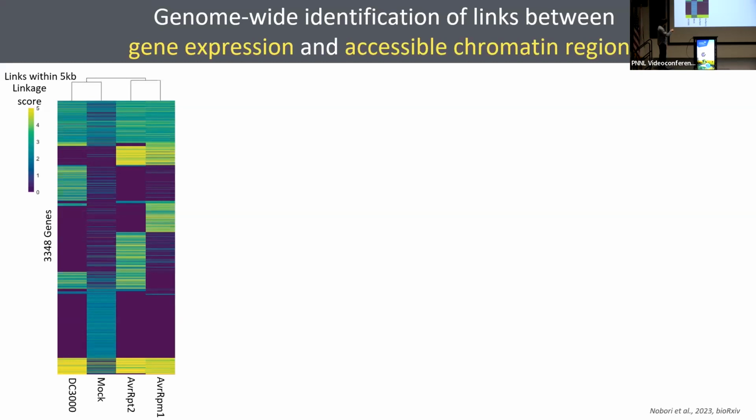First of all, you can see condition-dependent linkage. For example, these genes show the linkages only when infected by immune-triggering bacteria. And when I look at those genes, these are mostly enriched with defense-related genes, which is good to see.